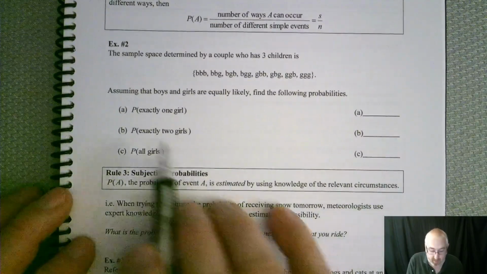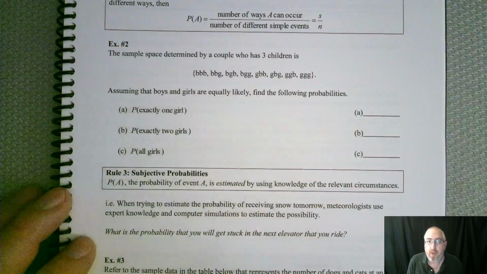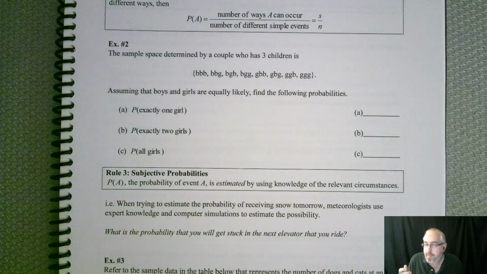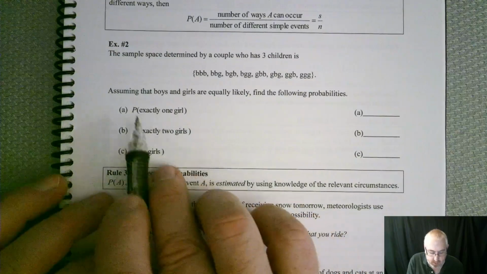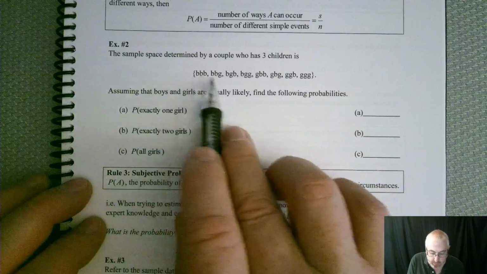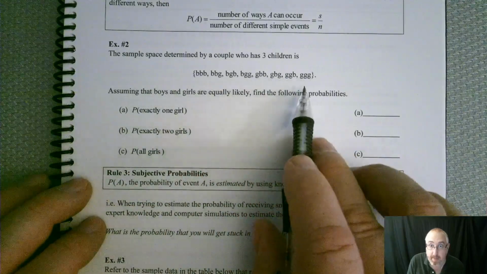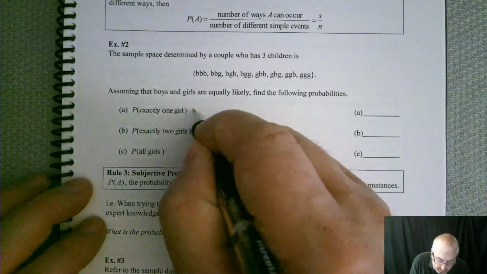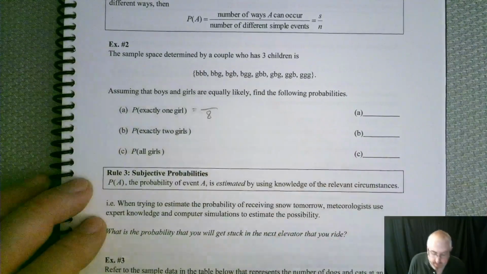Now, if we assume that girls and boys are equally likely, even though technically they're probably not, we're still going to be able to get some truly accurate probabilities from this. So the probability of getting exactly one girl: there's 1, 2, 3, 4, 5, 6, 7, 8 possible outcomes, so we know automatically it has to be out of 8.